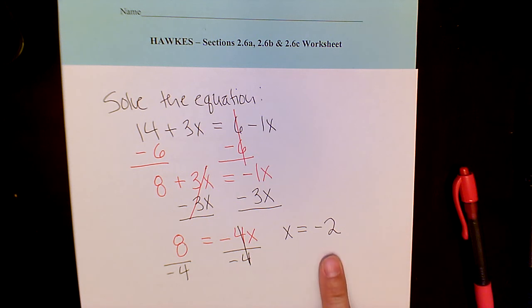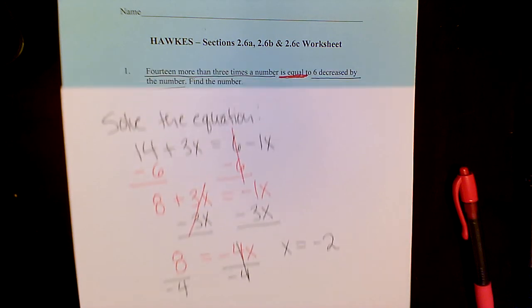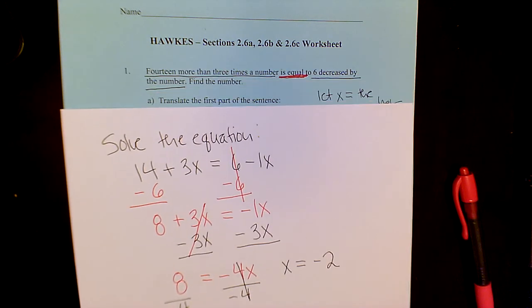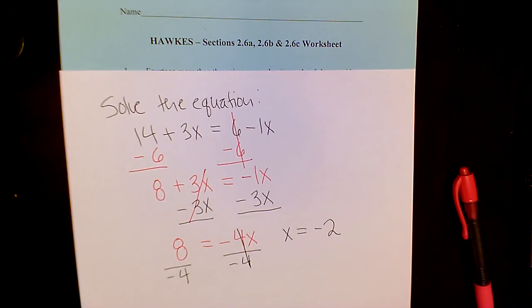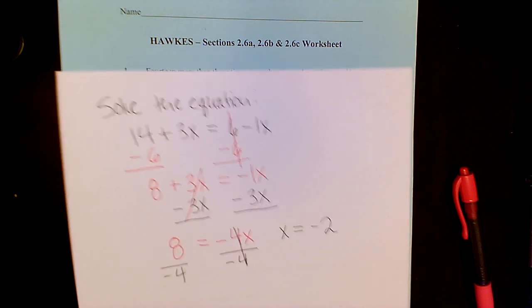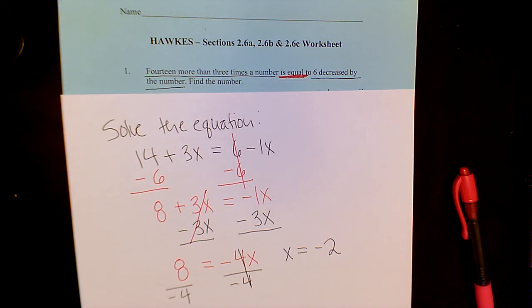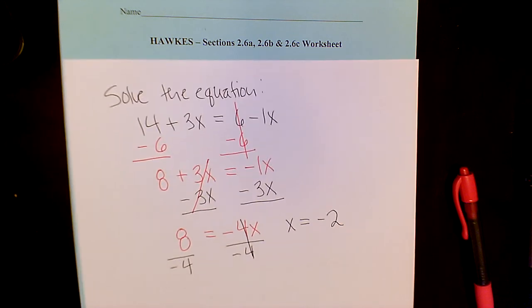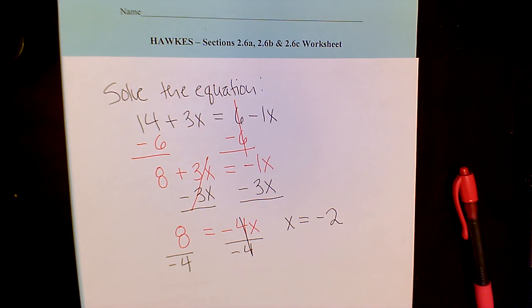So my answer is negative 2. Does that seem reasonable? Does it say it cannot be a negative? It just says find the number, so it could be a negative or a positive number, so it seems pretty reasonable to me. If you check it, it should work.